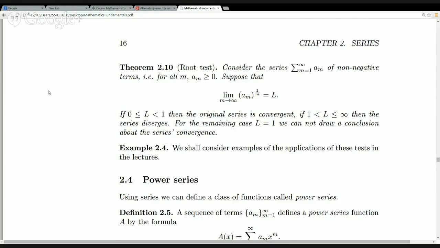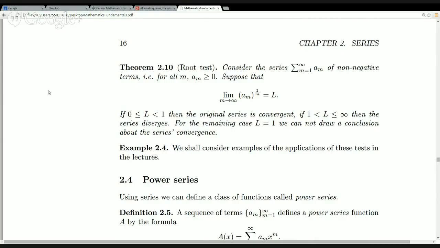Well, if a_m is like an mth power of some other quantity, and so if you take the mth root of it, if you raise it to the power 1 over m, remember, raising to the power 1 over m is the inverse operation of raising to the mth power.